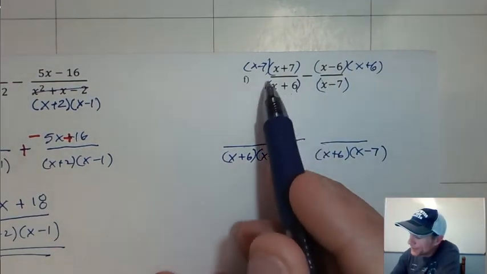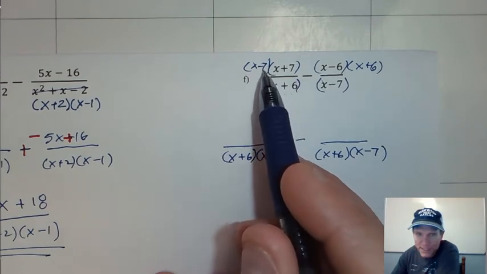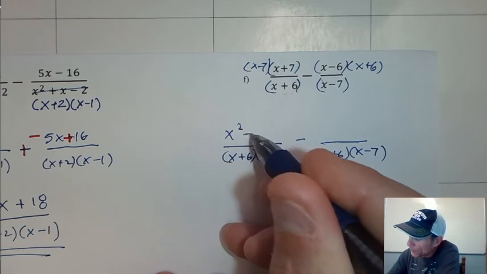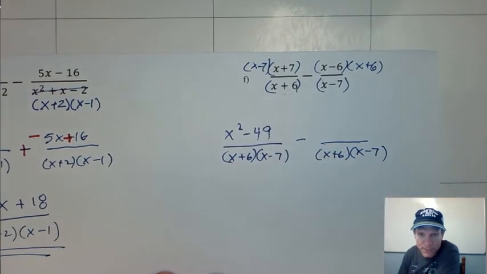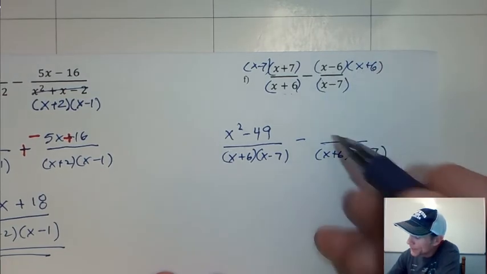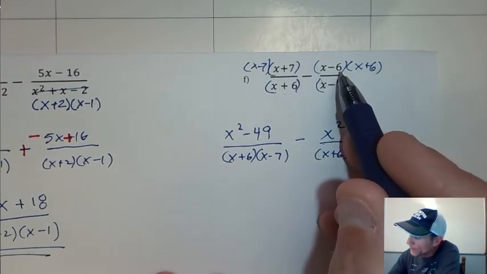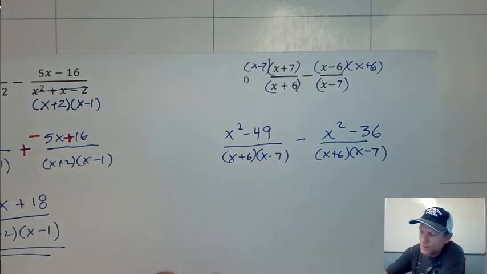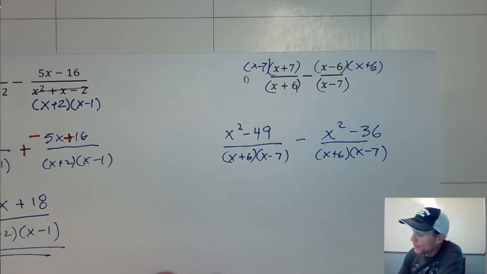So what you see again is another conjugate pairs problem. We get x squared minus 49 by the FOIL, or by F times L for conjugate pairs. And then we have x times x is x squared. Negative 6 times 6 is negative 36. So very similar to letter D that we did.